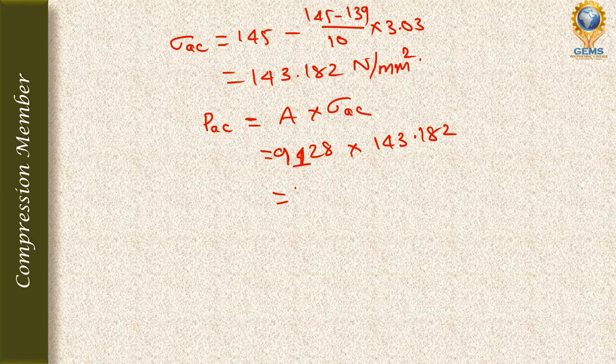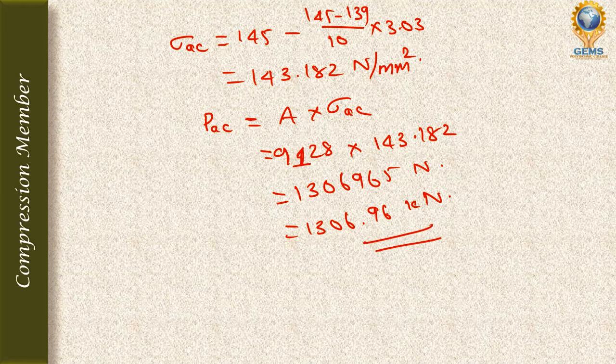It is 1306.965 Newton, so it is equal to 1306.96 kilo Newton. So this is the maximum compressive load the column can carry. So this is the solution.